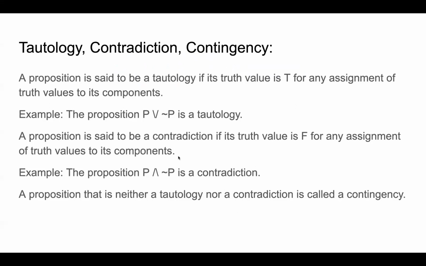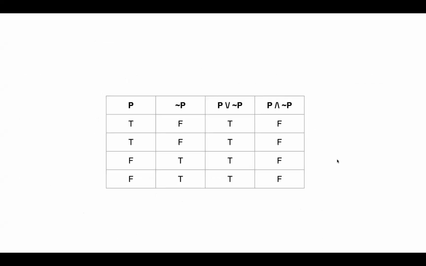So we have seen tautology and contradiction. And what is contingency? A proposition that is neither a tautology nor a contradiction is called contingency. It means in the last column it is having mixed truth values, true, false, whatever it is, then it is known as contingency.